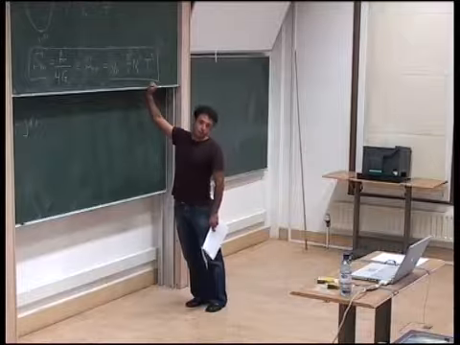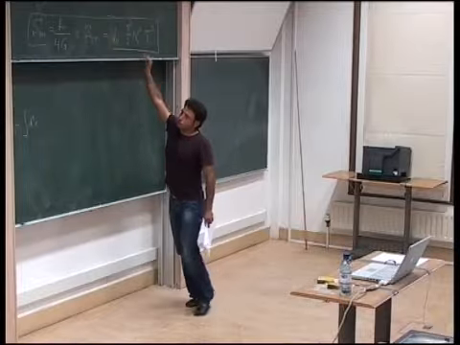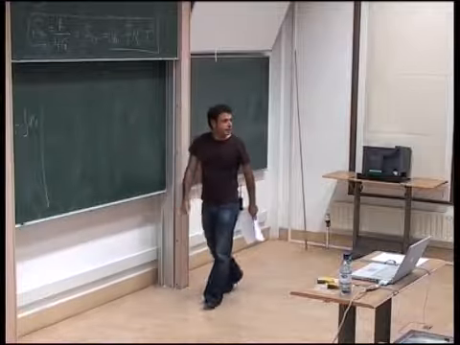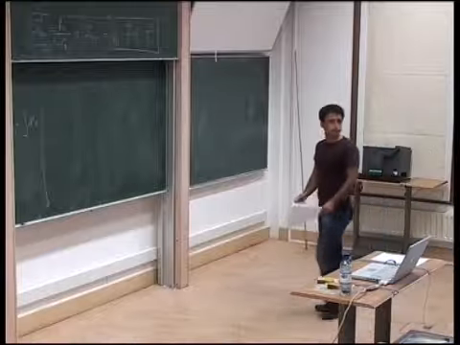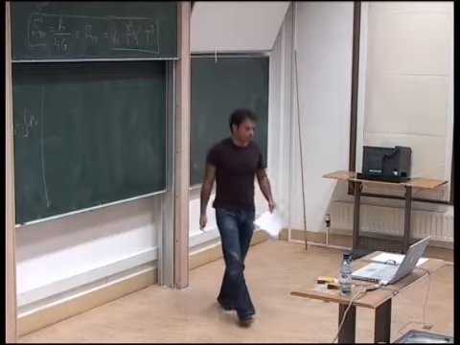But what's remarkable, first of all, is that this formula shows that the entropy density of N equals 4 super Yang-Mills at infinite coupling, in the limit of very large coupling, is finite. There's no dependence on the coupling here. In particular, this is a finite result.